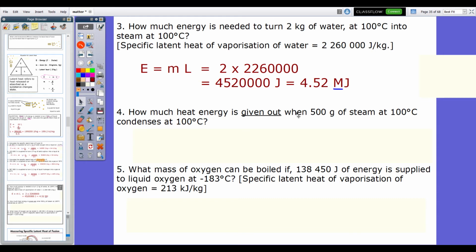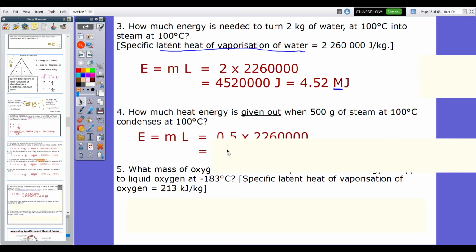So it's still going to be E equals ml, and it's still going to be the latent heat of vaporization of water, but just in reverse. We don't need a negative sign, but we're realizing we're giving out heat now. So E equals ml.